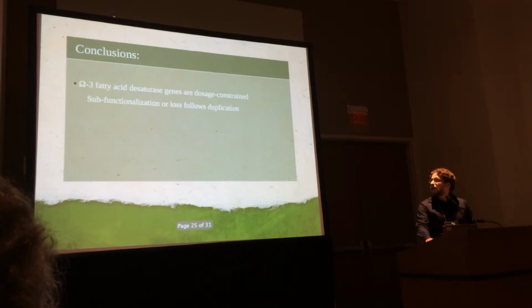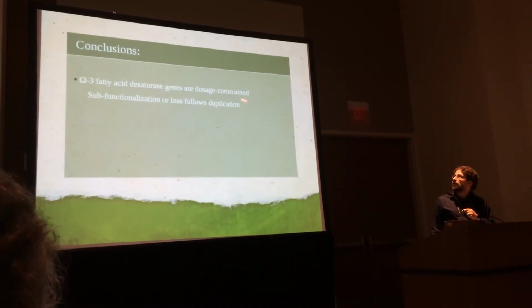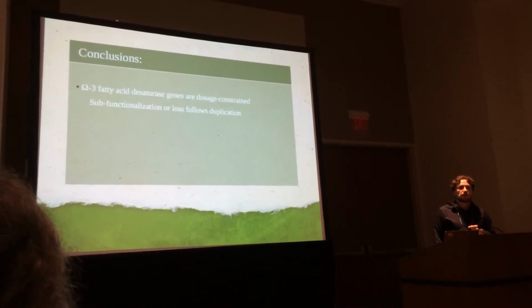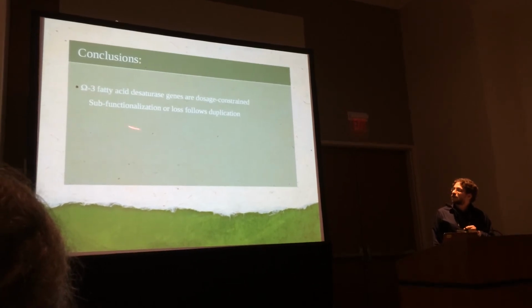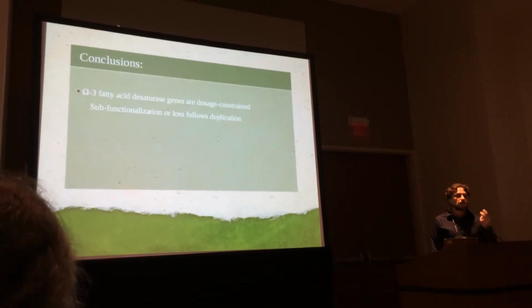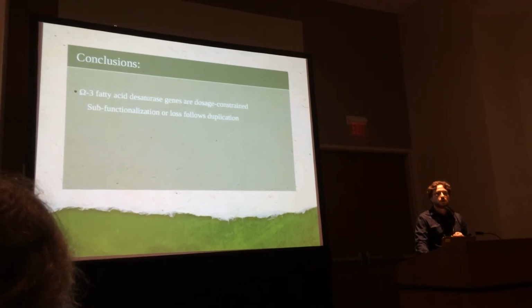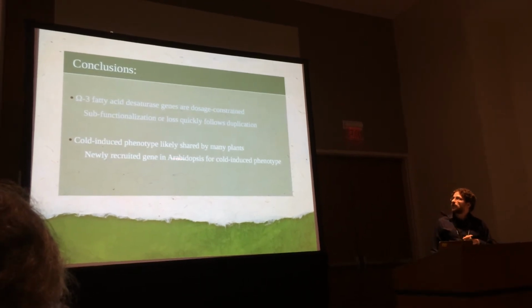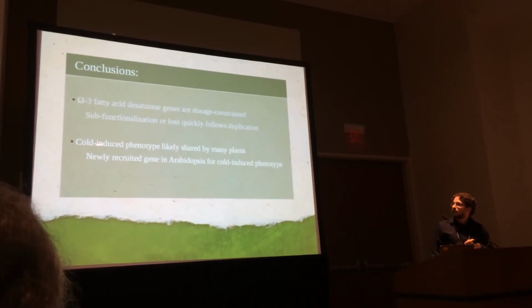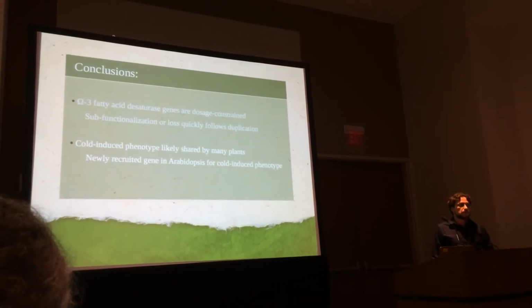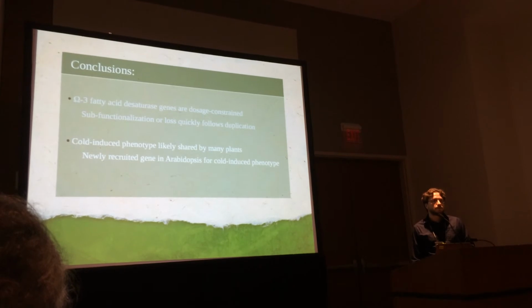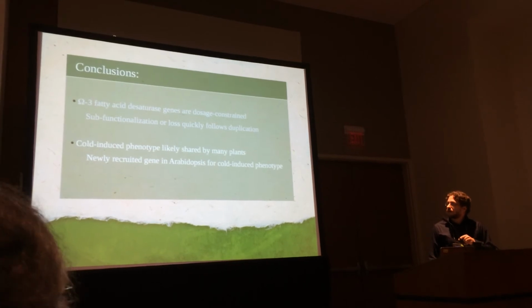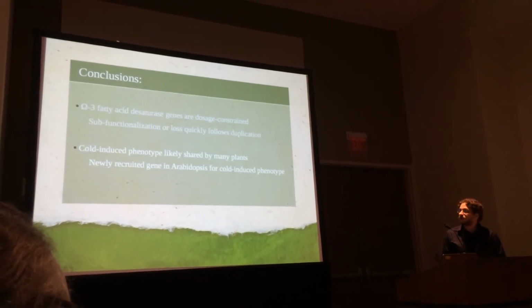So to summarize, this gene family is indeed dosage constrained, which is not a surprise given that it's a fundamental pathway. And subfunctionalization or loss follows duplication. Of all the 6 or 4 copies we expect, we'll see at most 1 or 2. Moreover, the cold-induced phenotype is likely shared by many plants, and the Arabidopsis gene, which has been the model for the cold-induced gene for this pathway, is actually a newly derived phenotype; it recruited a new gene for this job.